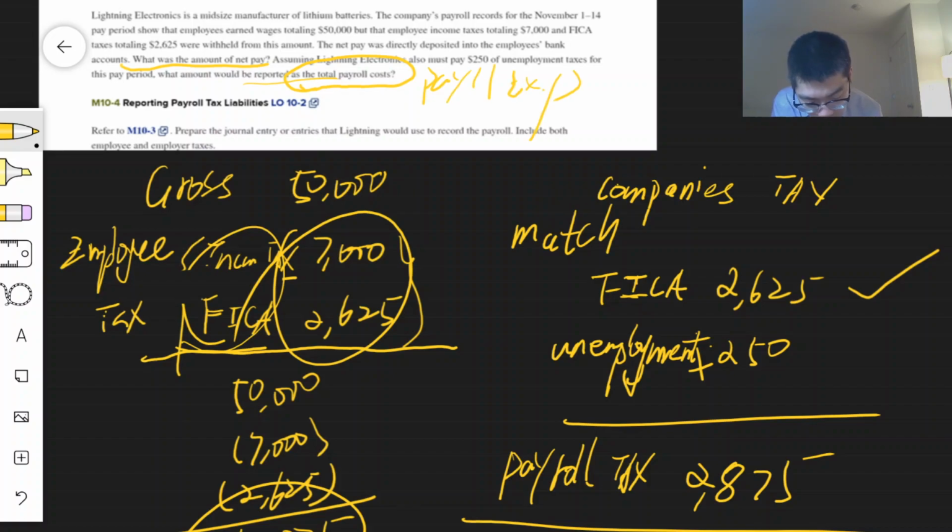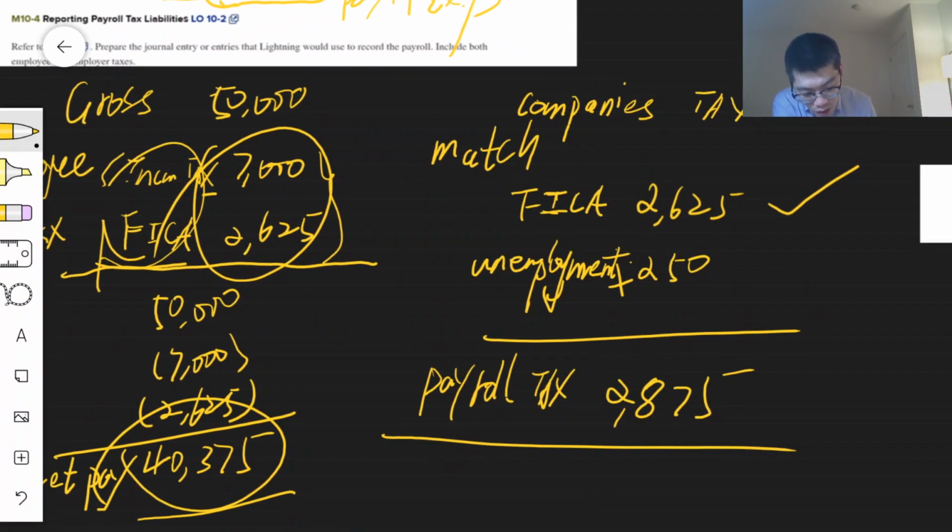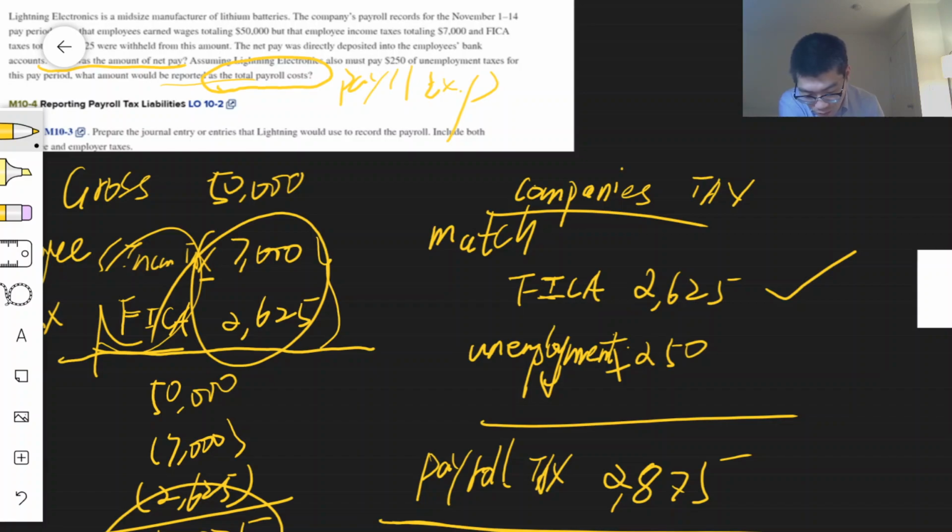In terms of the company, the payroll tax cost is $2,875.